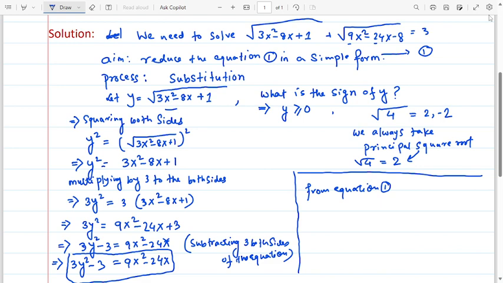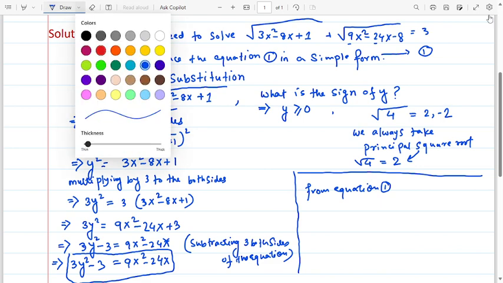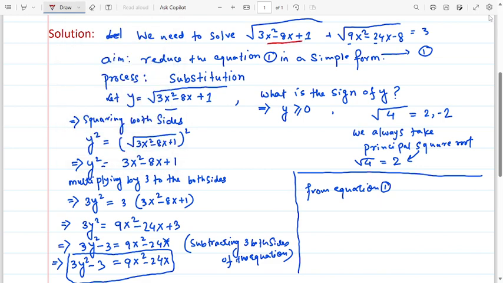We can substitute this by y, and substitute the whole square root term by y and this term by this. So from the first term we'll get y and from the second term we'll get 3y square minus 3, and we have minus 8.